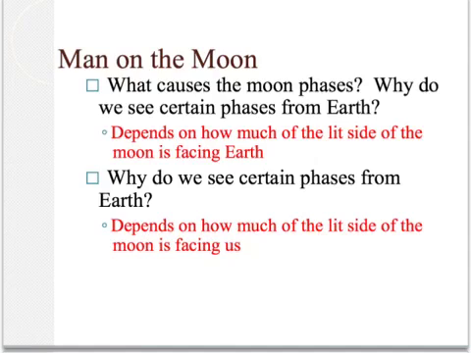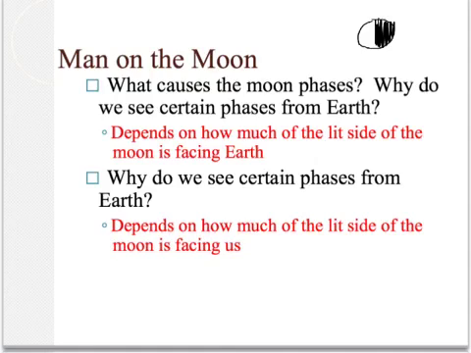Man on the moon, again following along here in order on your study guide. What causes the moon phases, and why do we see certain phases from Earth? Well, first of all, it depends on how much of the lit side of the moon is facing Earth. Remember, at all times, 1/2 of the moon is lit.